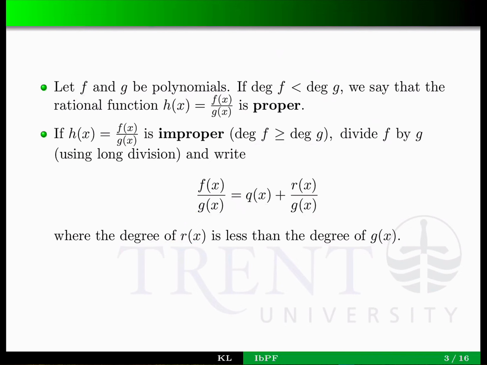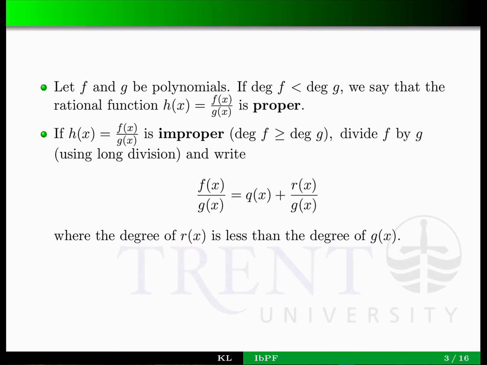Okay? So again, if your rational expression is improper, then you can do long division or synthetic division in order to write it in this form: q of x plus r of x over g of x, where the degree of r of x is less than the degree of g of x, or r of x is equal to 0. It is possible that r of x is equal to 0.